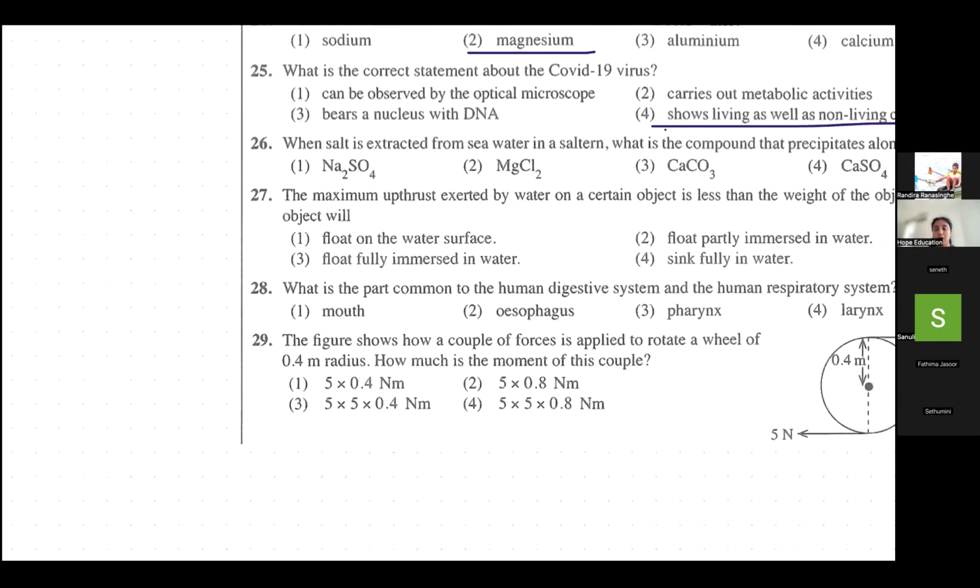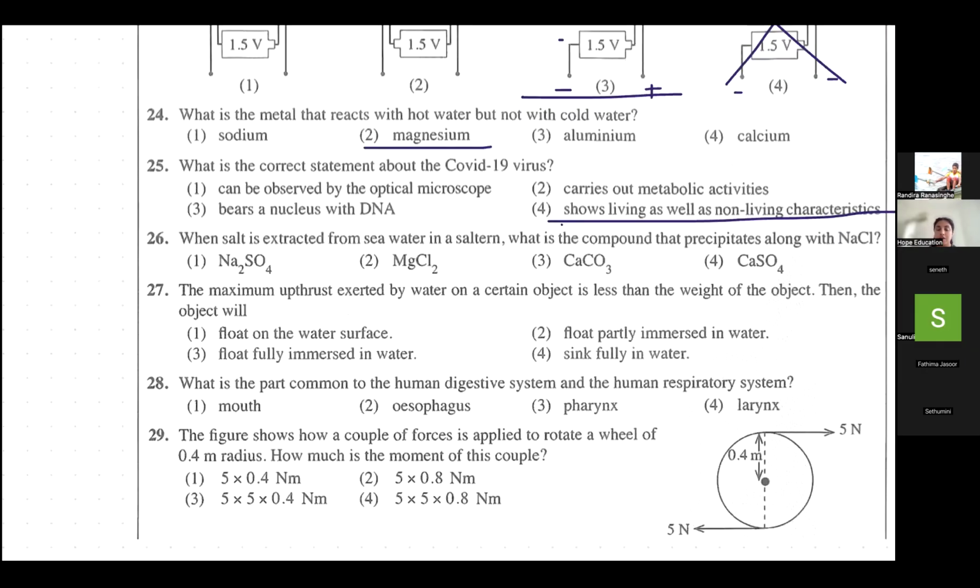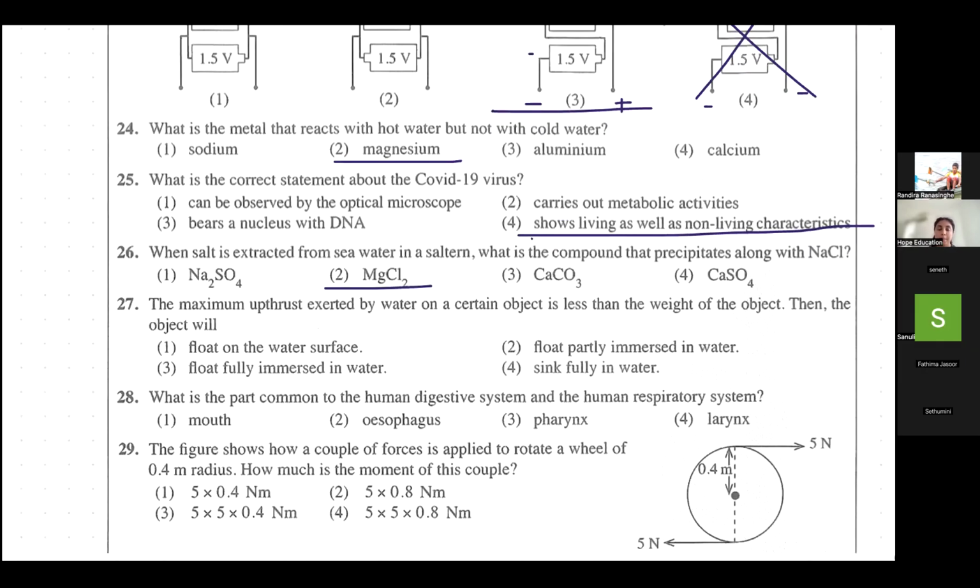What are precipitated along with sodium chloride? Quickly tell. Yes, one is magnesium chloride and the other is magnesium sulfate. So here the answer is magnesium chloride.